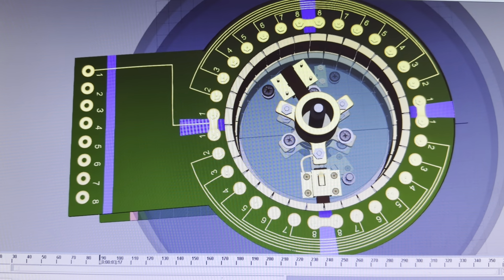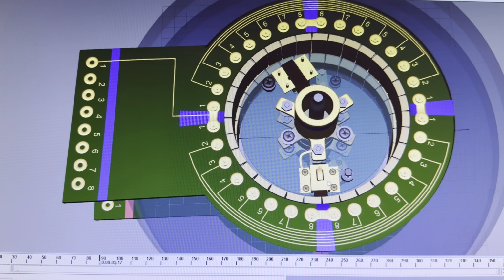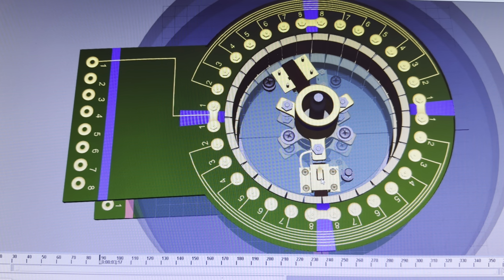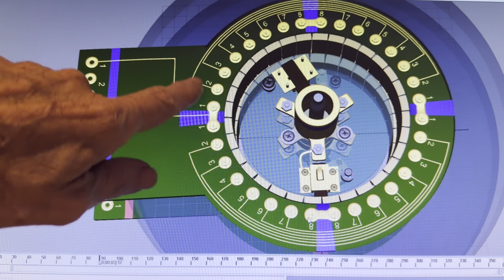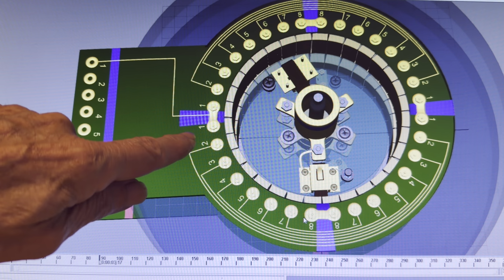And we see here the brush, this side is going clockwise, the negative side now. So this is going to be entering this quadrant right here, which is from 8 to 1.